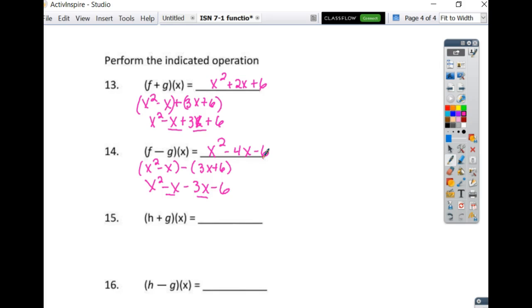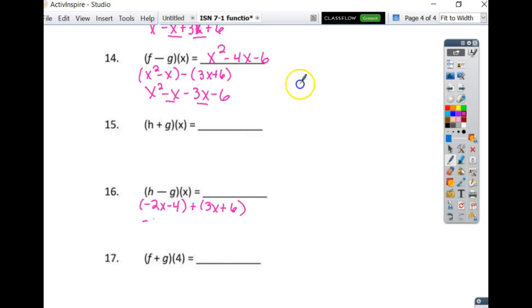Okay, you guys do 15 and 16. We are not done.